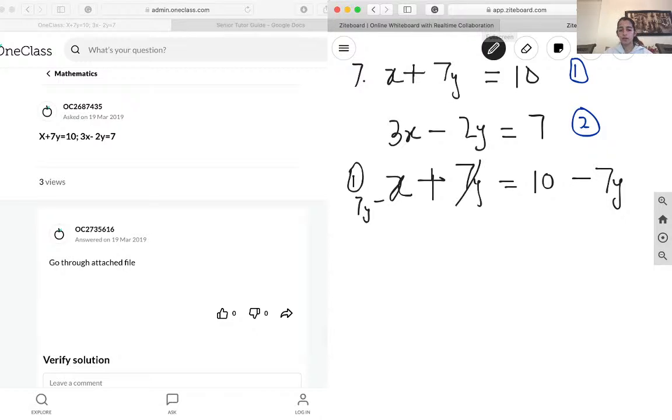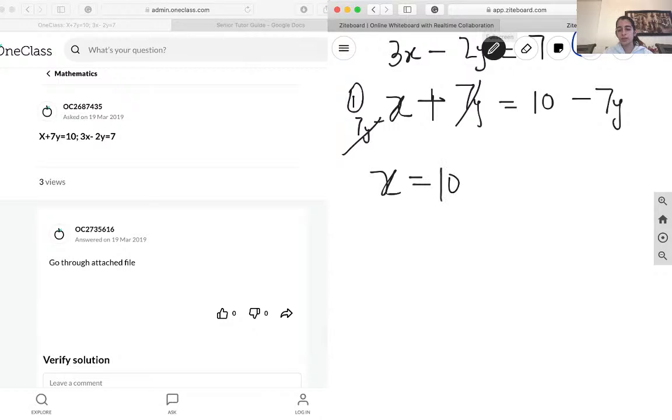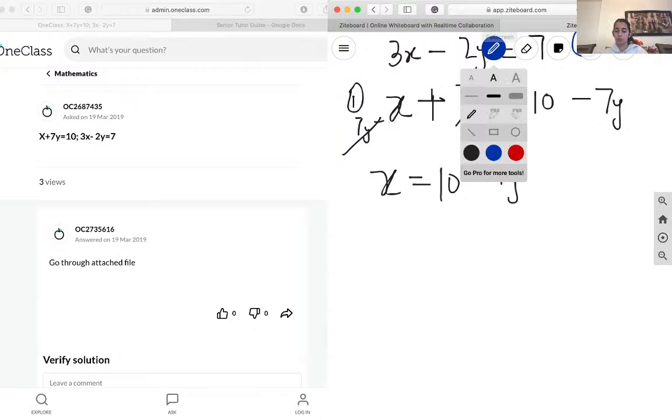This and that will cancel out, and we are left with the equation x is equal to 10 minus 7y. We can call this our new equation, so the third equation.